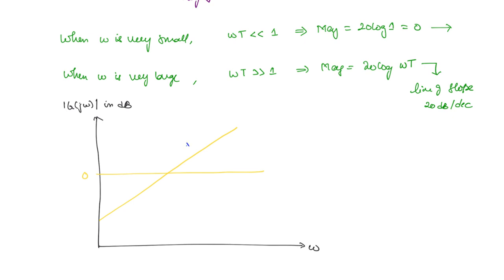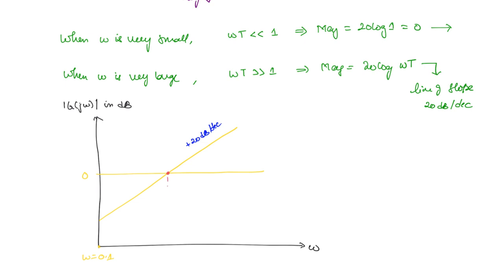So you can write here plus 20 dB per decade. So let us say the plot starts at omega is equal to 0.1. Then if you substitute omega is equal to 0 here, whatever will be the value, that will be the magnitude here. Okay, we are not concerned about that point right now. You can see that these two plots are intersecting at this point.